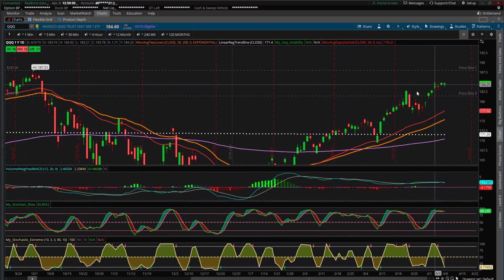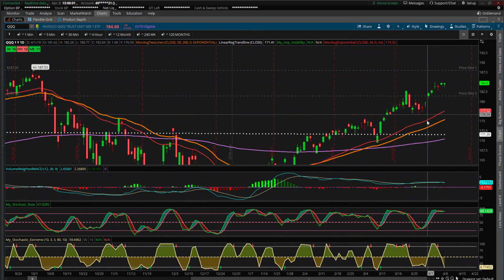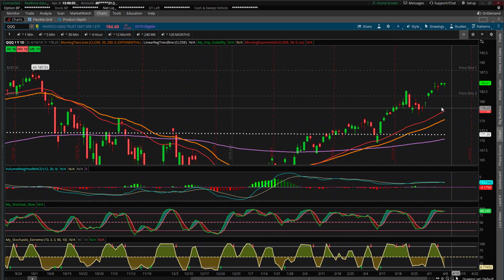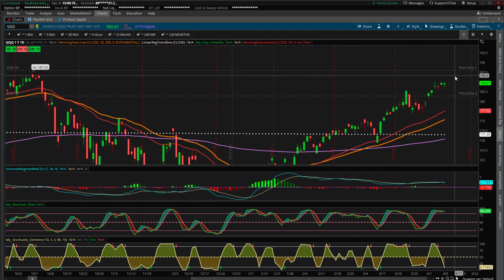So we can't always say that when price rises, volatility falls. That is the typical thing that we can look at, and on an intraday basis, I'm sure it would apply more. But since we're extending so far beyond our support, we're actually increasing our risk as we're increasing our price.